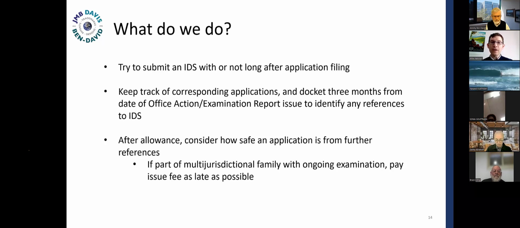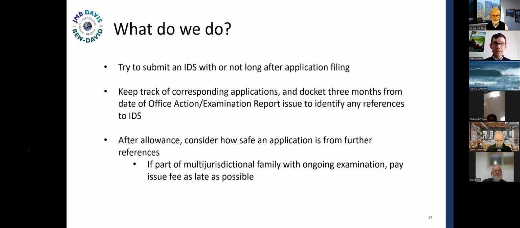And if a new office action comes in, we first see what's been cited. And if there's been something that was cited which was not cited or listed on the IDS, we docket 3 months from the date of the office action issue, and then submit the IDS within that time.